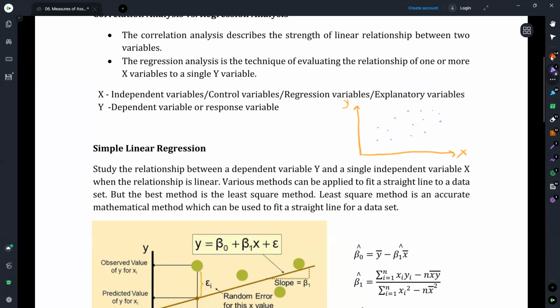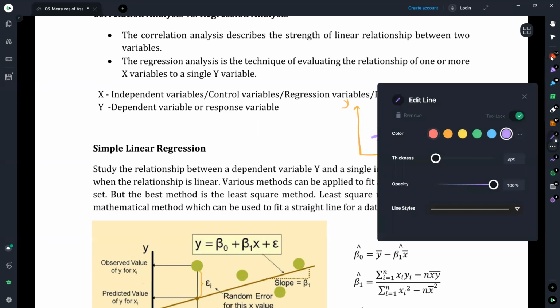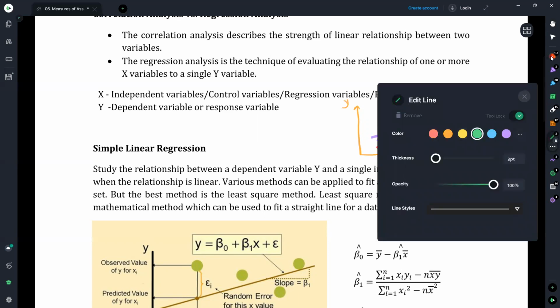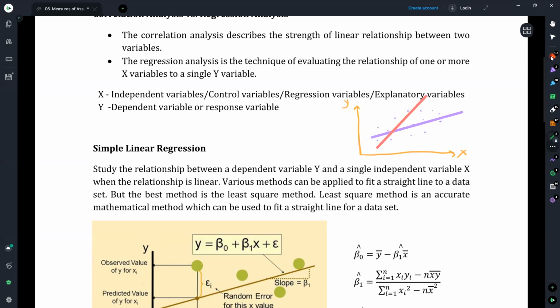When we obtain the fitting line, one may say this is the best fitting line. Another may say this one, using another color, would be the best fitting line. And some other may comment that no, those two are not the best fitting lines, this would be. Likewise, there may be a set of lines that we could apply to this set of data.